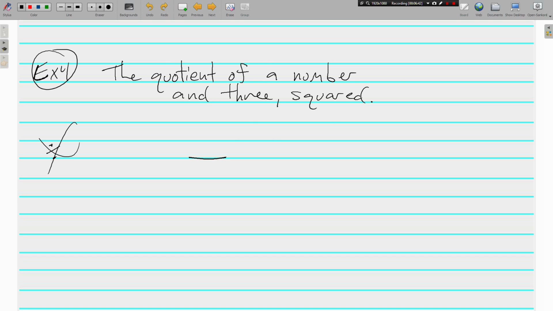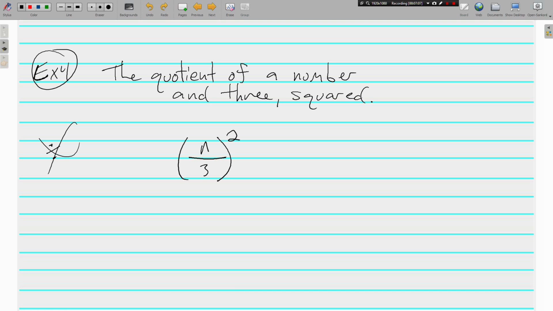Quotient of a number and 3. Be sure it's always top divided by bottom, and you put things in the order that they're given to you in the problem when you're talking about division. Quotient of a number and 3, and that whole thing needs some parentheses because that whole thing is squared.